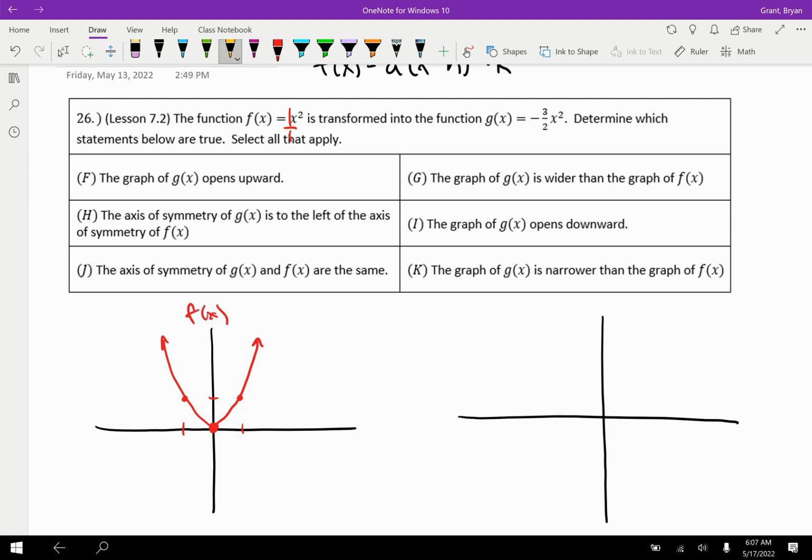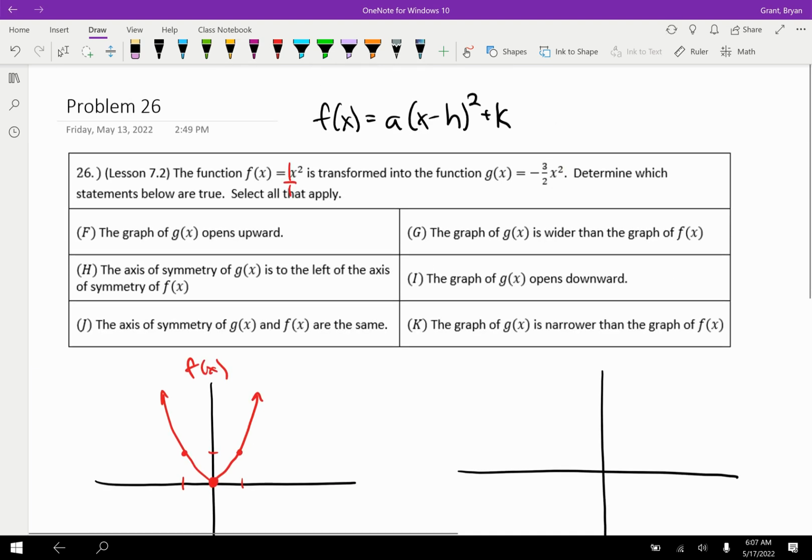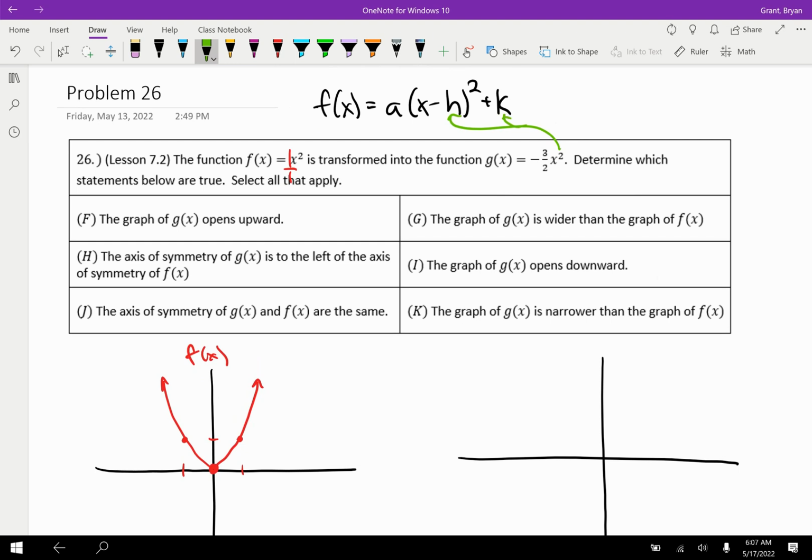Then, when I go through and do g of x, we should notice that g of x also has zeros between the x and the square and the k on the outside, so it also starts at 0, 0. But then things get a little bit more complicated with that negative 3 halves x squared. In fact, I'm just going to deal with the decimal here. So g of x equals, if you turn this into a decimal, negative 1.5 x squared.